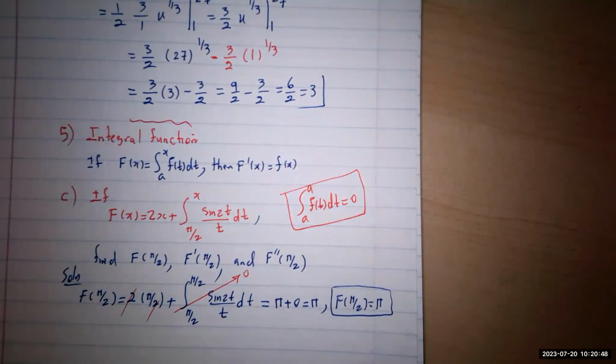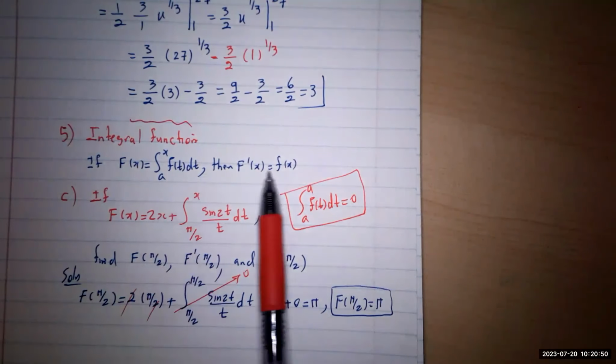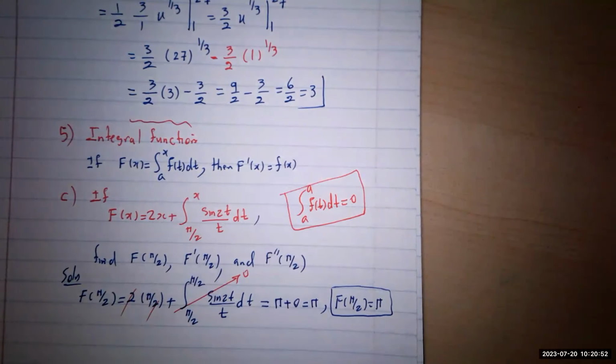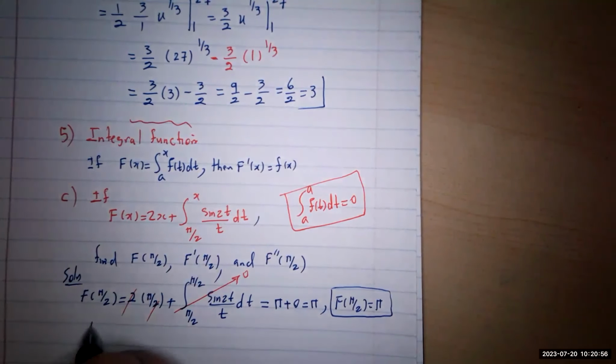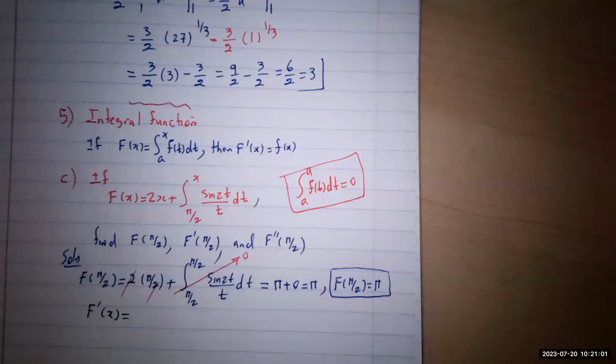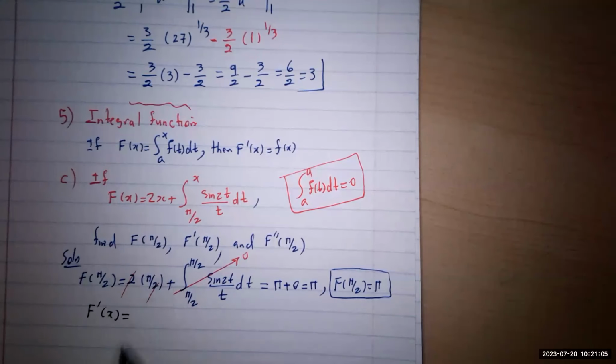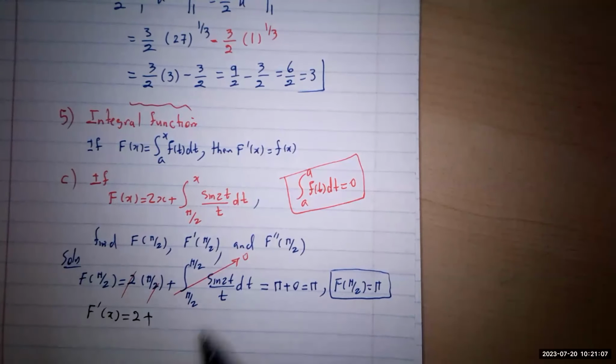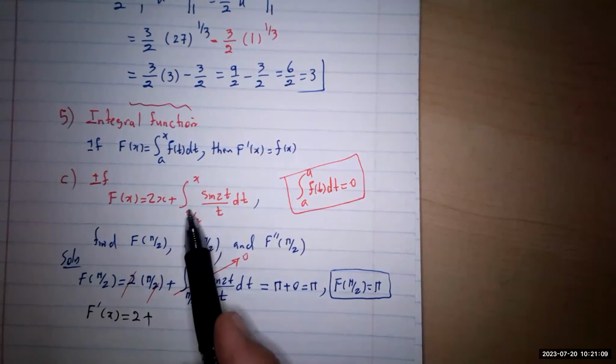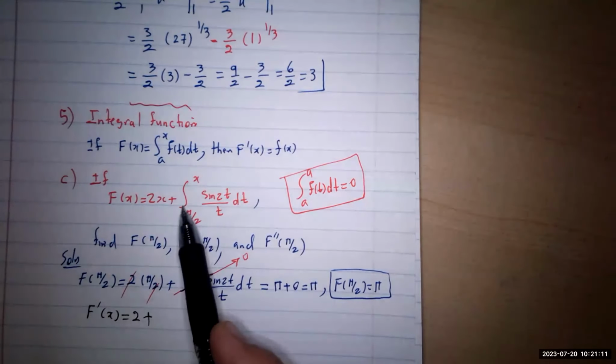Second part, differentiate. When you differentiate, you have to use this formula. So second part, derivative. You have to find f prime of x first. Differentiate. You have 2x2 plus derivative of the integral. We talked about it: derivative of antiderivative.